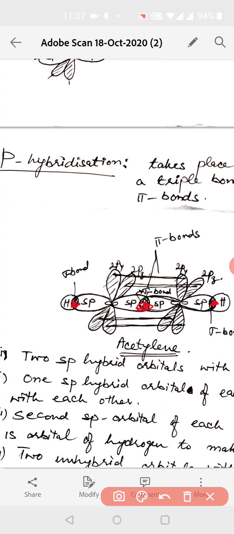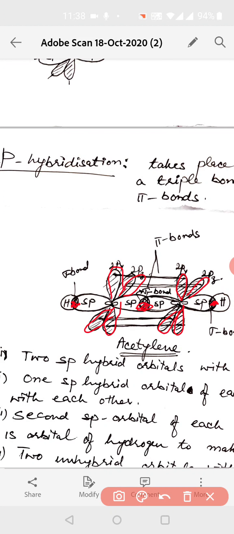Now there are 2 unhybridized p orbitals. One is 2py, it is this, and one is 2pz, it is here. On the second carbon again, this is 2py and this is 2pz. The parallel lobes will overlap with each other.